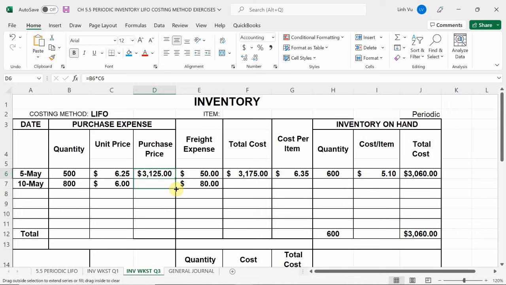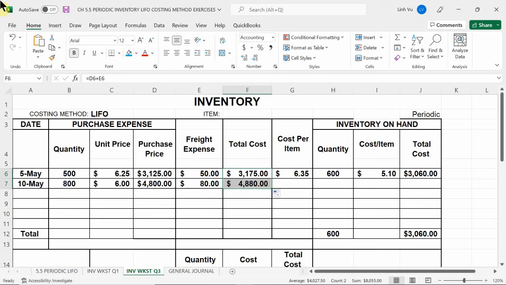Okay, the purchase price, I mean, the total cost would be, oh boy. First purchase price and then total cost. Okay, 4,800. 4,800 plus 80 will give you a total cost of 4,880.